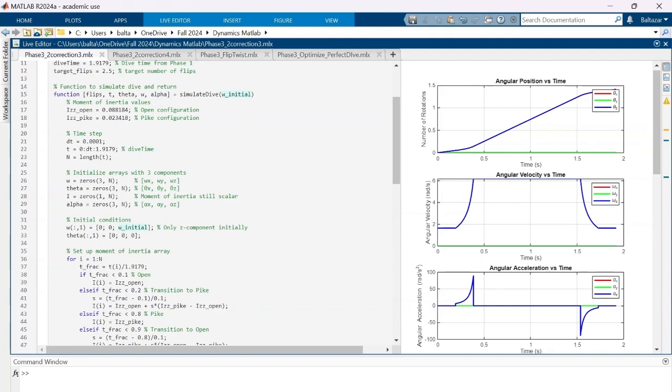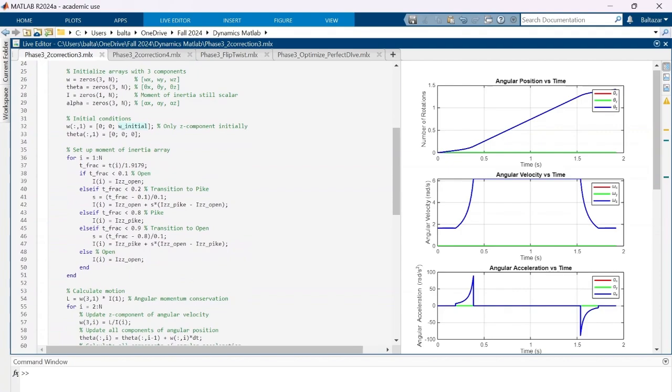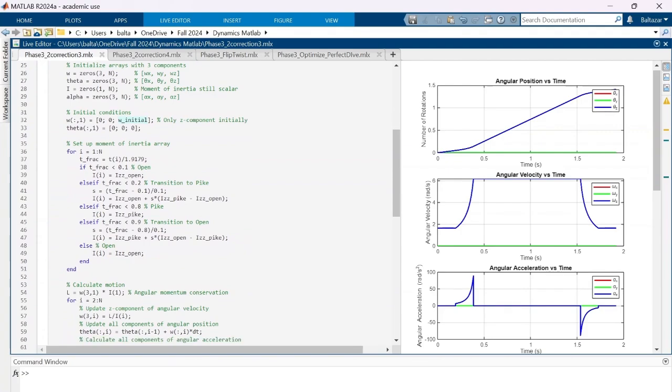It uses the moment of inertia in the two configurations of open and pike, and you know that the moment of inertia changes during the dive as the dive transitions between these configurations. In this function, we are also calculating the angular velocity, position, and acceleration over time, which are needed for plots.